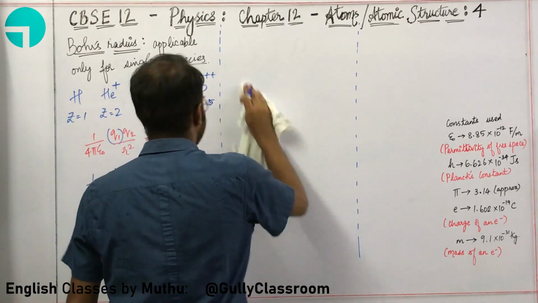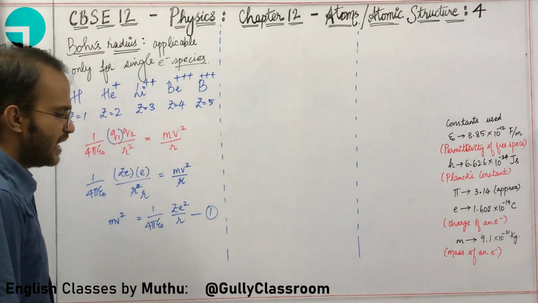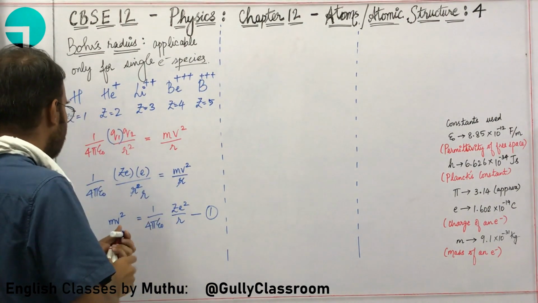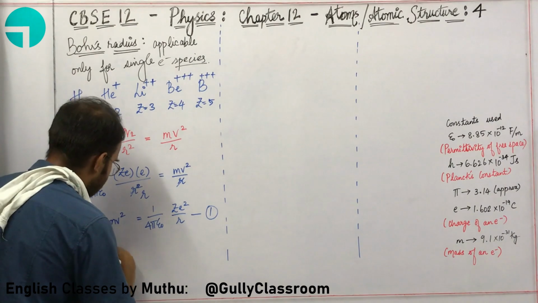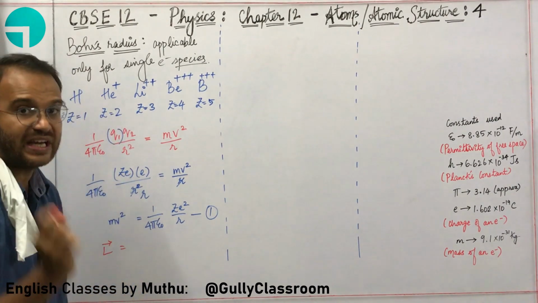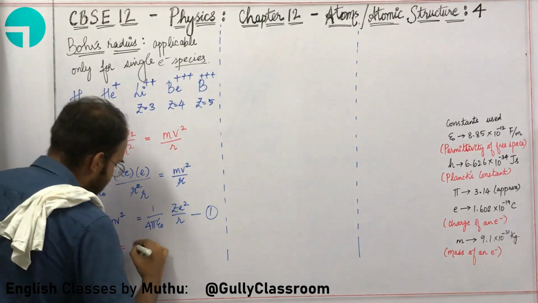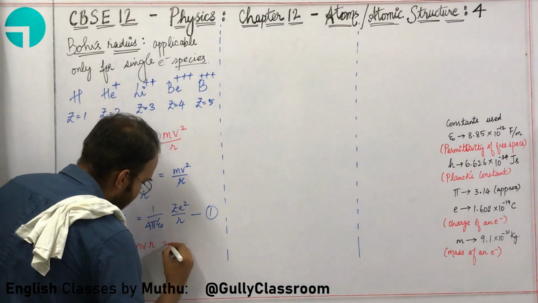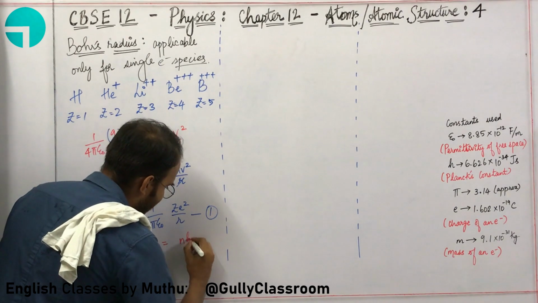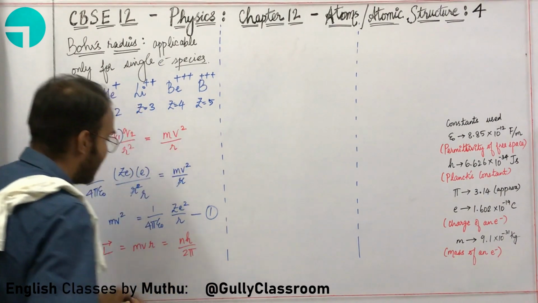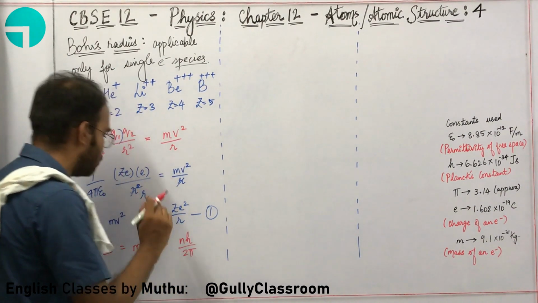The next thing I am going to do: in the last lecture we studied how we define angular momentum. What is angular momentum, or L? L is equal to mvr, which is equal to nh by 2 pi, integer multiples of h by 2 pi.